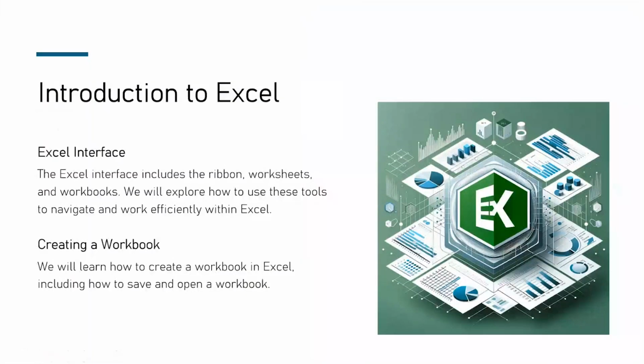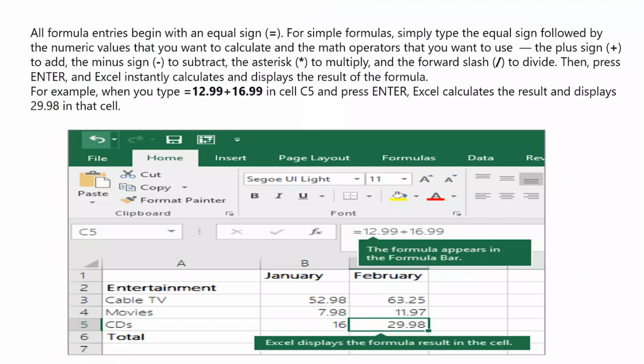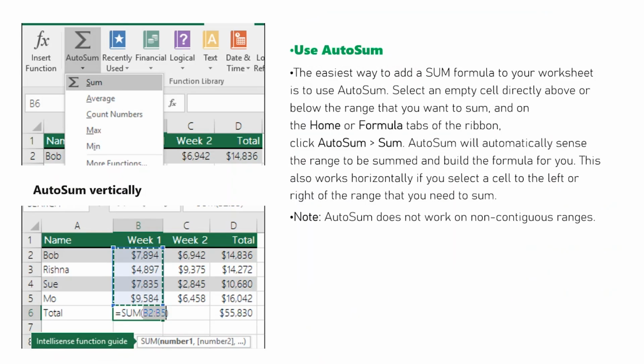So I was saying that we can just do the formulas here, or we can use Copilot, and then we are going to see really quickly how to use the AutoSum. The AutoSum is the easiest way to add a sum formula to your worksheet. To do that, you need to select an empty cell directly above or below the range that you want to sum.